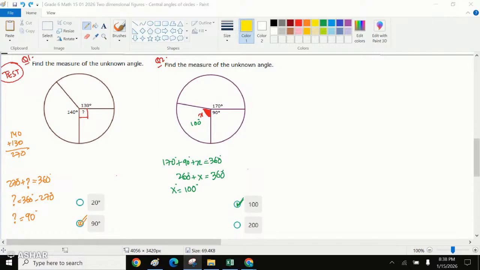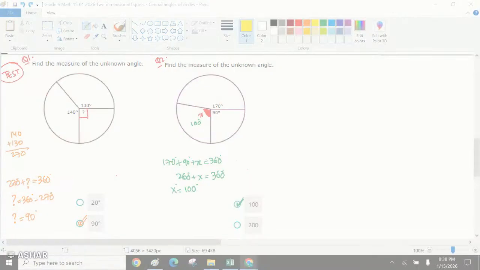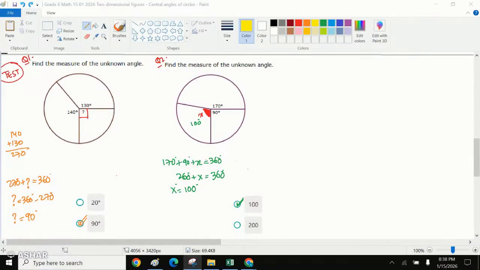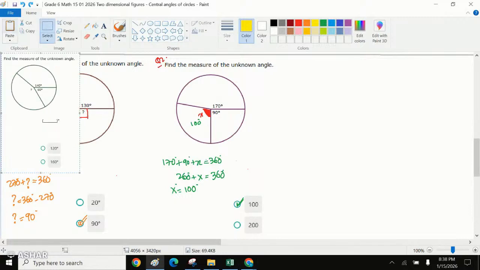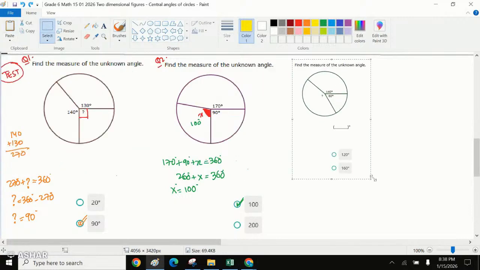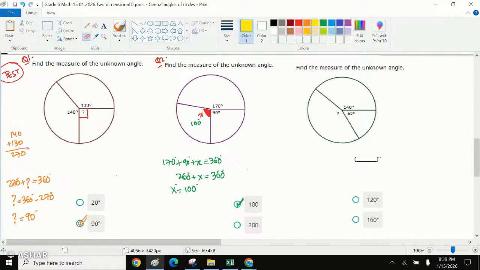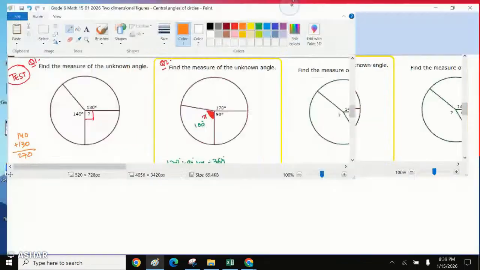Okay, the next question says, find the measure of the unknown angle when the two angles given are 140 and 60. If these two angles are given to us, we need to find the missing angle. Question number 3.